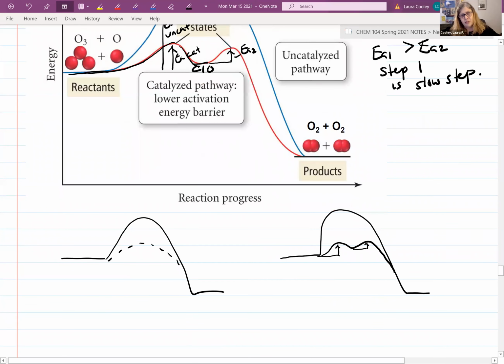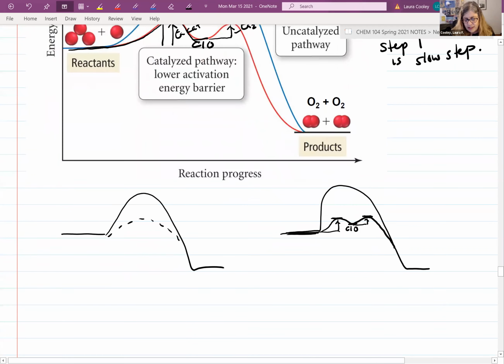Okay, so the activation energy is the height of that bump from where you start to where you have to end up, the transition state. Then you have this intermediate here, and you only have to go a little higher to get over that next bump. And that means that the whole rate is determined by the rate of the slow step.